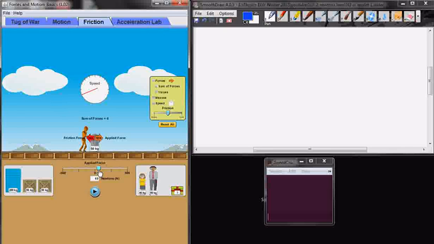This is how static friction works. Static meaning there's no relative motion between the 50 kilogram mass and the floor. We can keep on increasing it.